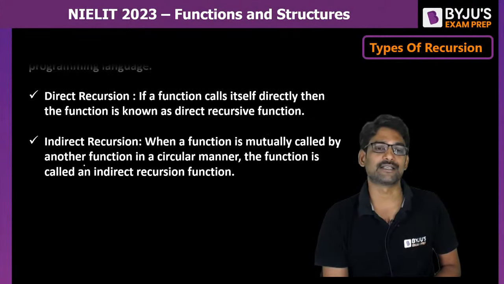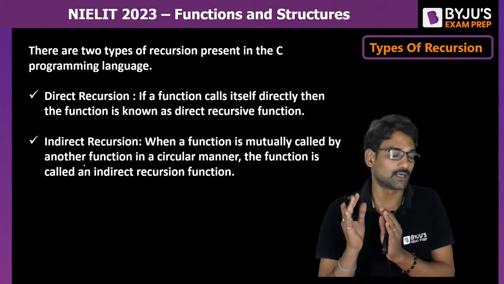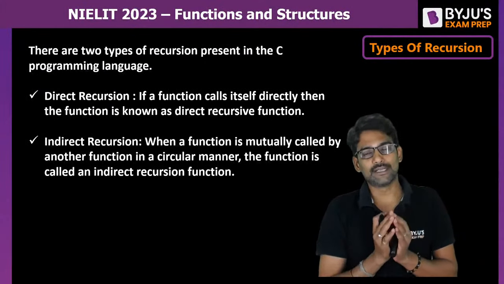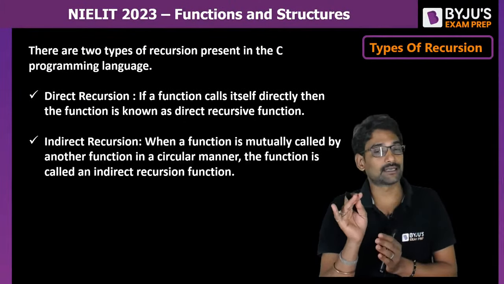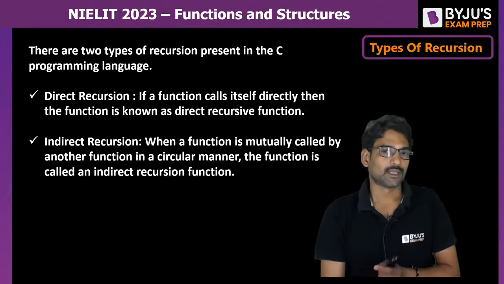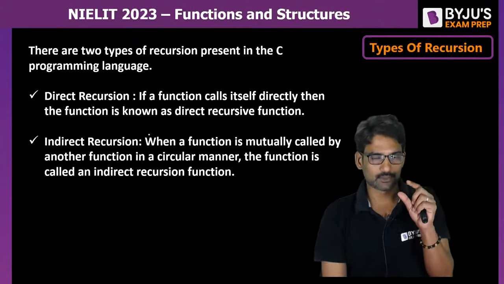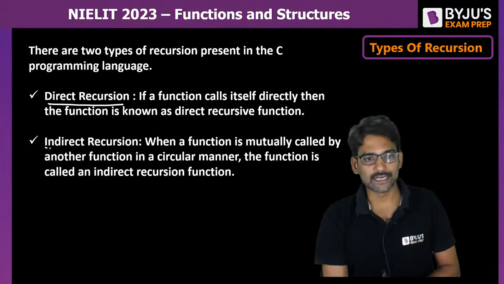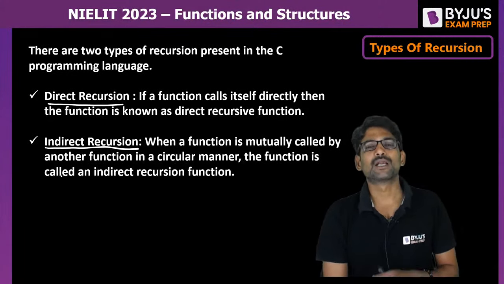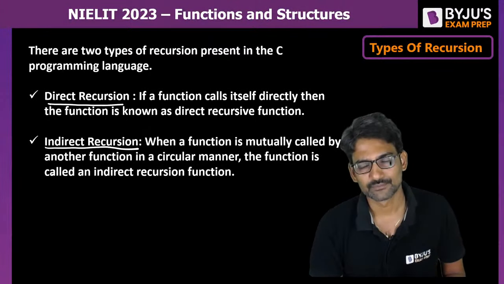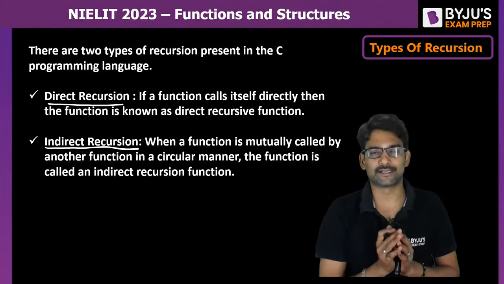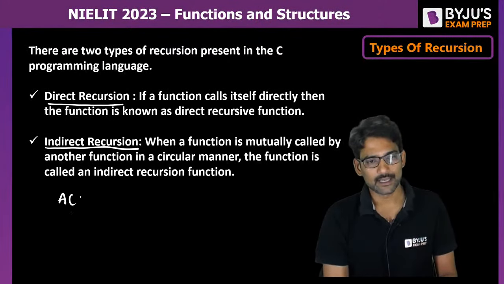This recursion, guys, is basically classified into 2 types. There are 2 types of recursion, the basic classification: direct recursion and indirect recursion. Direct recursion: one function is calling itself directly, like A calls A itself.